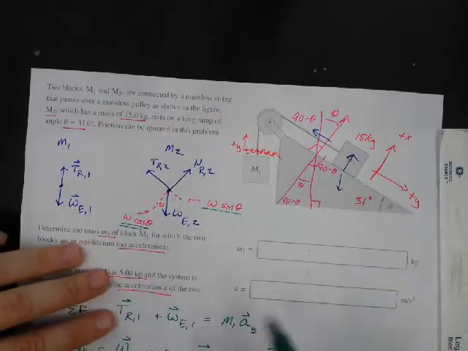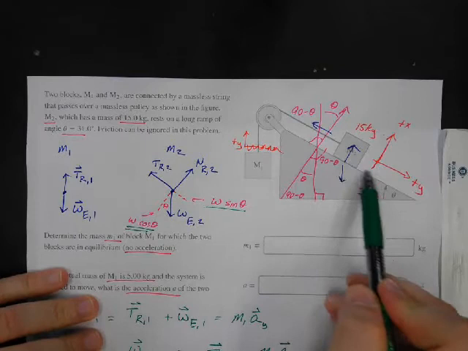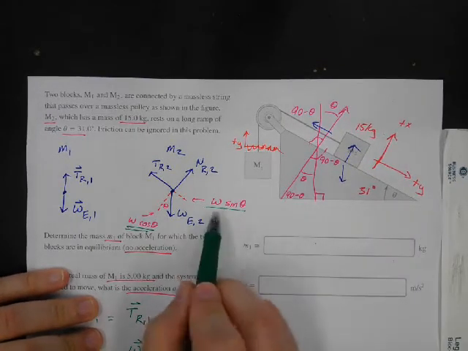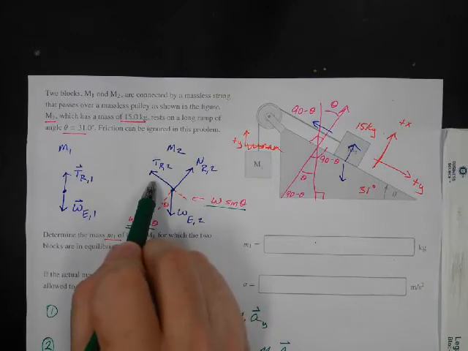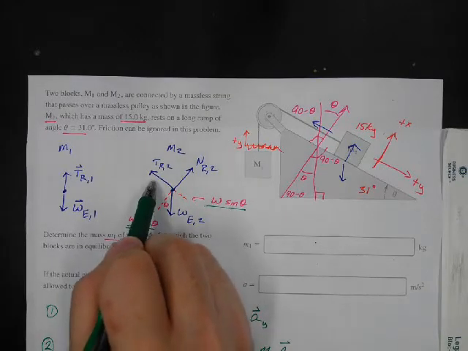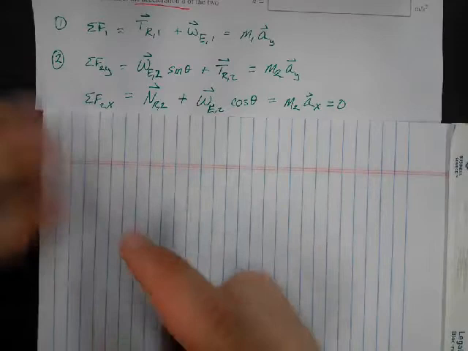If we look at our diagram, let's say the block is sliding down the ramp like this, then this is the bit that should be pulling it down, but the tension is trying to stop it. So we're going to do the weight minus the tension.